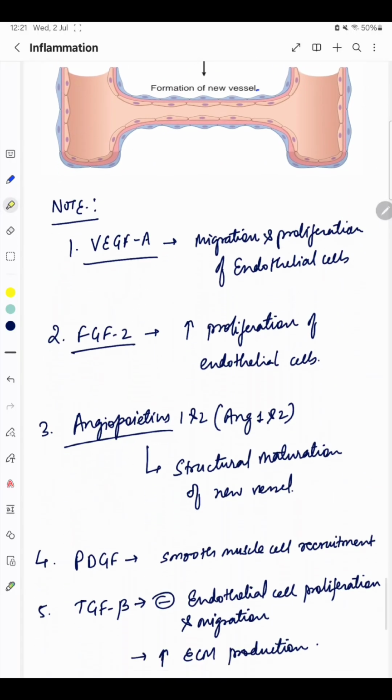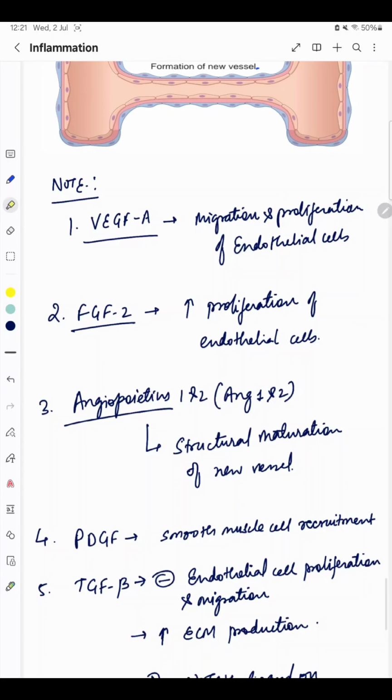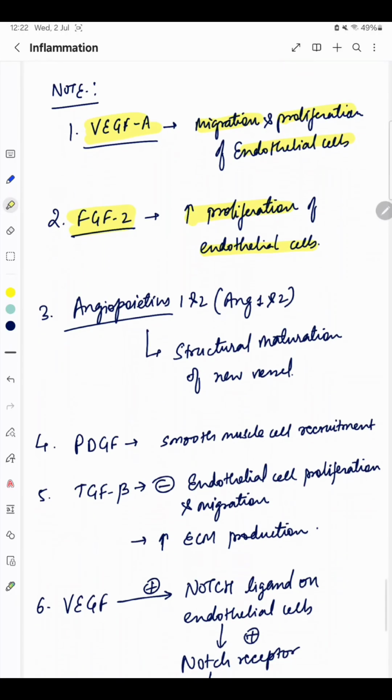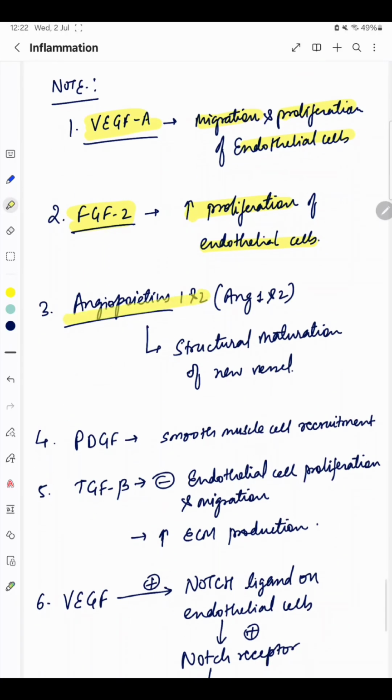Now we will see the various mediators and their role in angiogenesis. VEGF-A plays an important role in migration and proliferation of endothelial cells. FGF2 results in increased proliferation of endothelial cells. Angiopoietin 1 and 2 are responsible for the structural maturation of the new vessel.